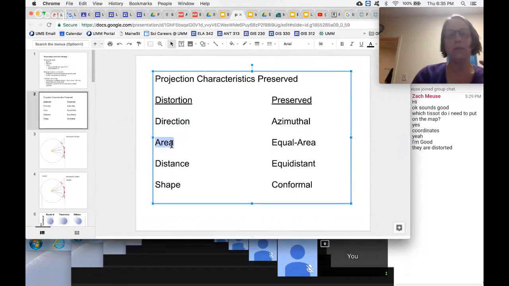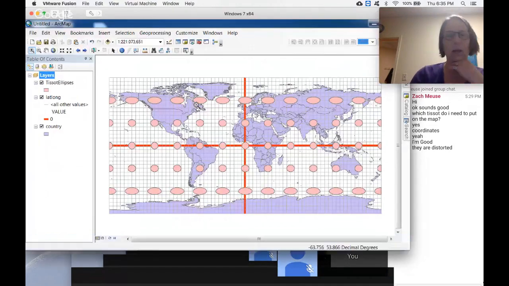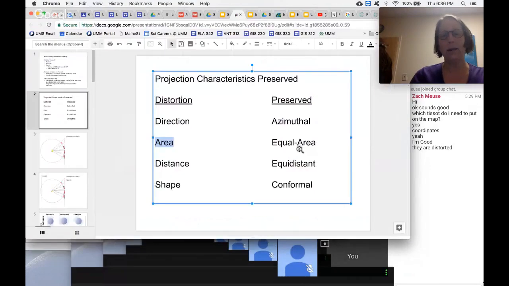Then, of course, area. The Tissot indicatrix, these ellipses, are really great for showing area and shape distortion. You can see that area is greatly distorted in the northern and southern latitudes in this map, and near the equator there's no distortion at all in the area, the size.